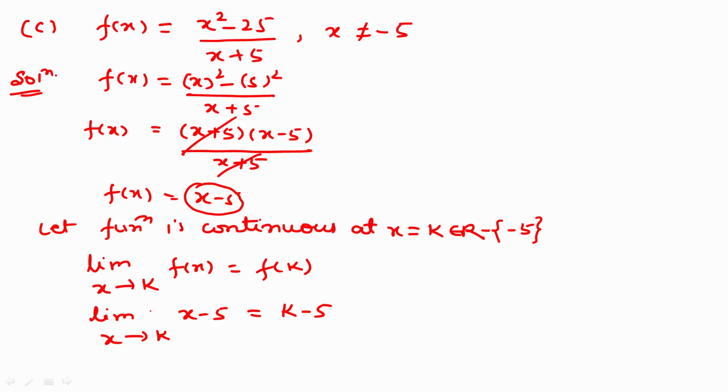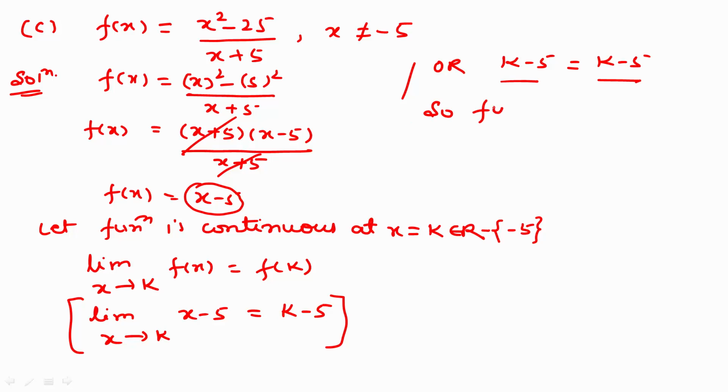This will be equal to k minus 5. On taking the limit, k minus 5 is equal to k minus 5, left hand and right hand both are equal, so the function is continuous at x is equal to k belongs to R excluding minus 5.